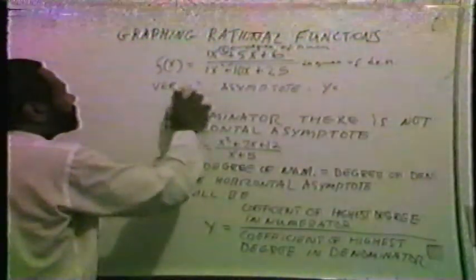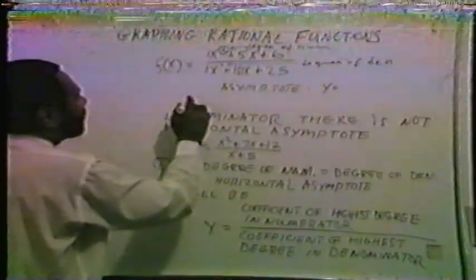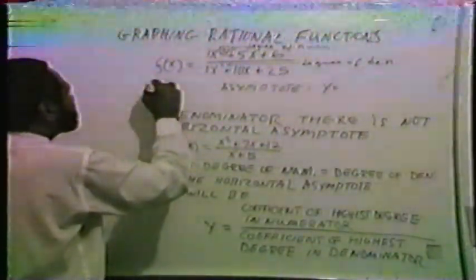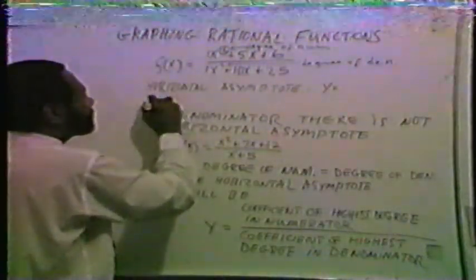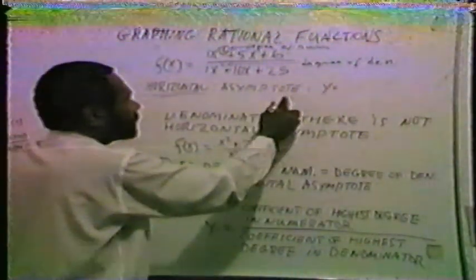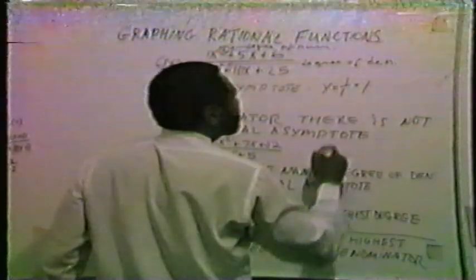For vertical asymptotes, you have to look at what will give you 0 in your denominator. So this should be the horizontal asymptote. The horizontal asymptote will be y equals 1 over 1, which is y equals 1.